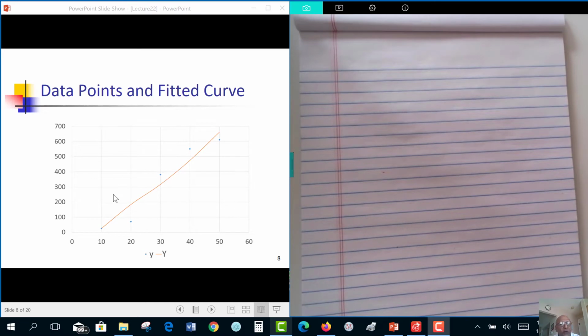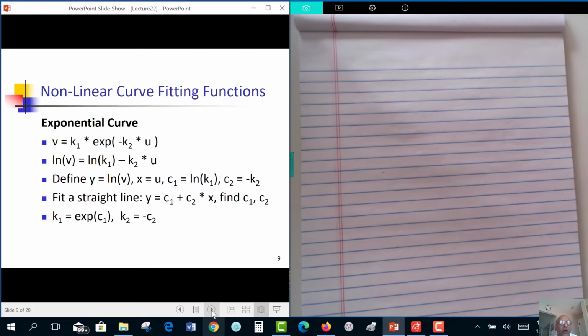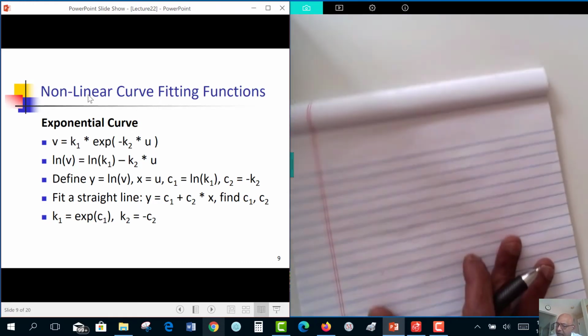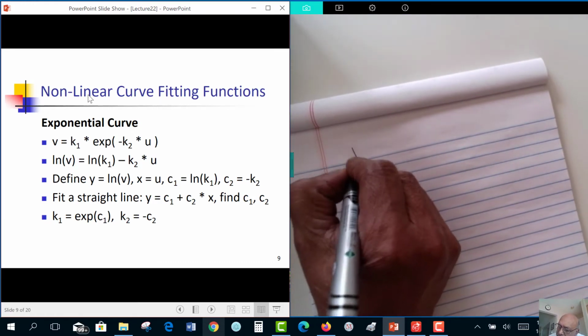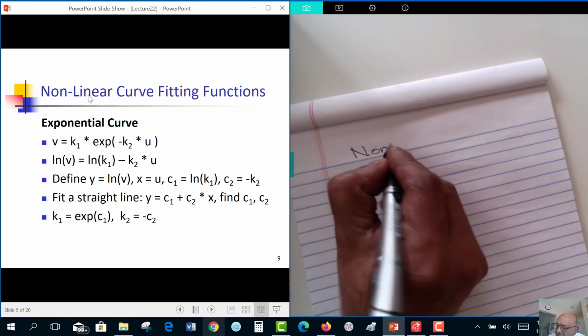Okay, so now that we know how to fit a linearized curve, let's look at fitting non-linear curves. So what do we mean by a non-linear fitting function or non-linear curves?